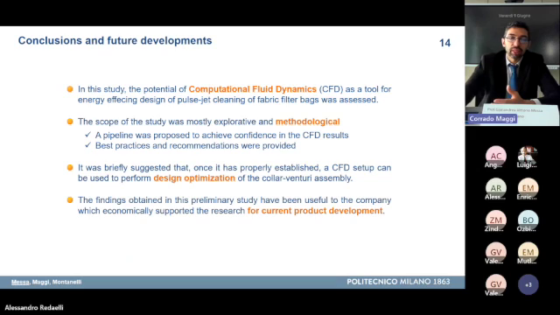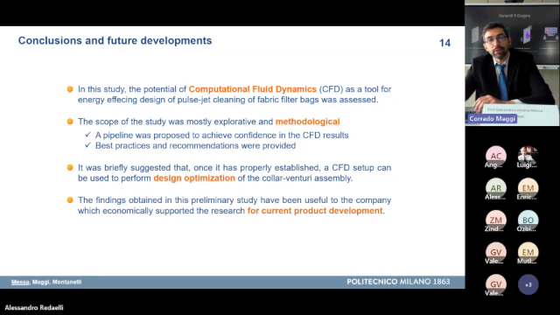But actually, we could say that the scope of the part of the project described in this webinar was mostly methodological in nature. Indeed, the main goal was to propose a pipeline of steps to be undertaken to get confidence in the CFD results. We also provided some best practices and recommendations to other engineers who would like to use CFD for this kind of application.